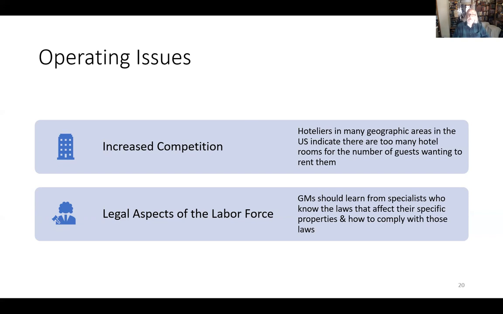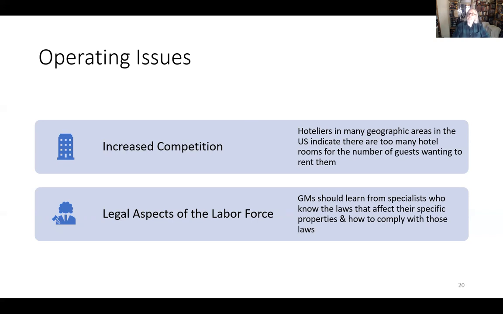So increased competition means less revenue, and then generally a higher expense as you have increased marketing costs. And then you do have problems when you can't pay as much as you would like because revenues are down due to this increased competition.